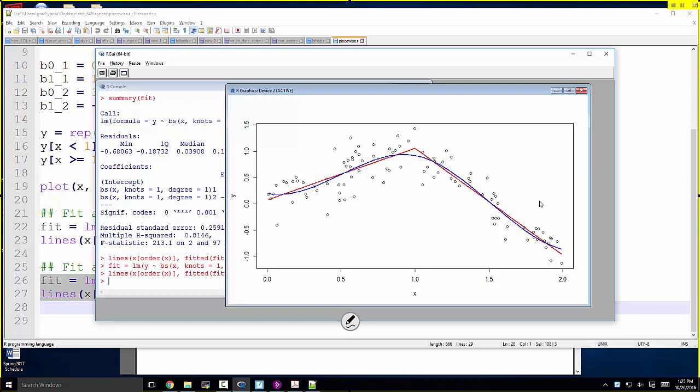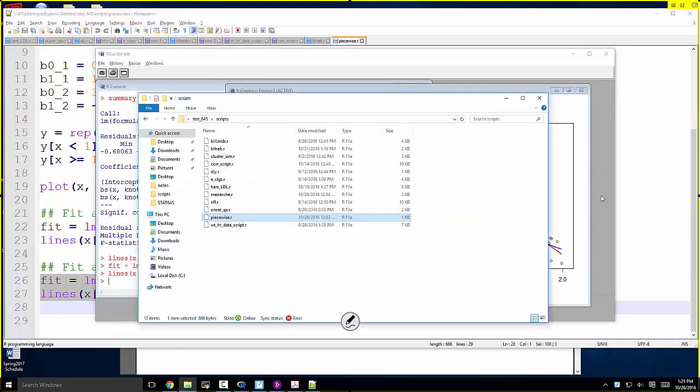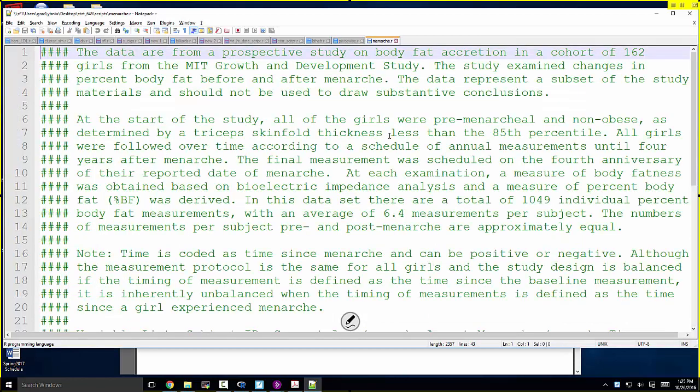Okay, so now let's look at a real data set and see how this might be interesting in practice. I'm going to look at these menarche data. These are data from a prospective longitudinal study on body fat accretion for 162 girls.